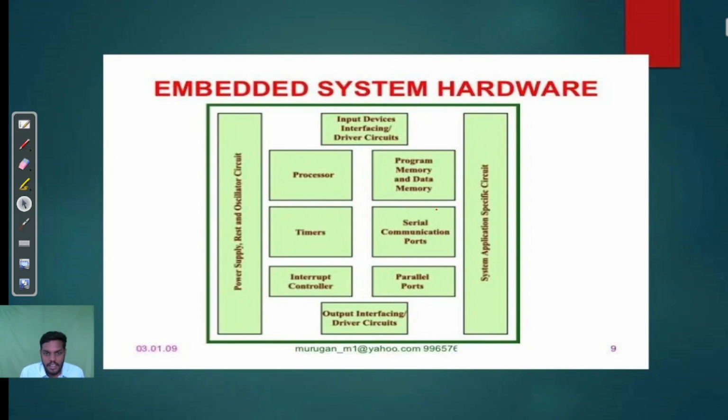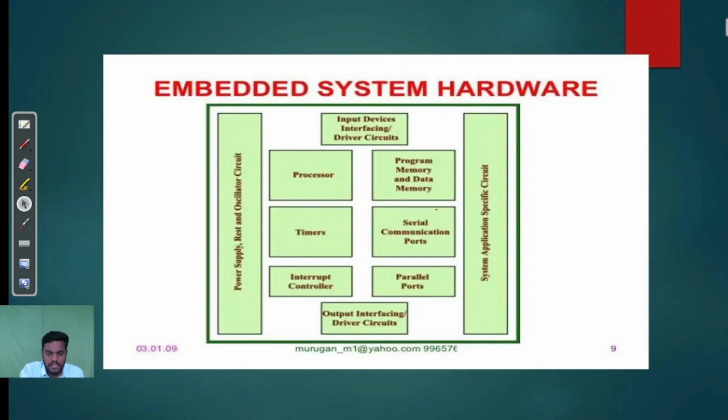It has input devices interfacing driver circuits, processor, timers, interrupt controller, and output interfacing driver circuits. It has a parallel port and serial communication. In serial communication we use Wi-Fi and basic protocols like I square C. These are the serial communication ports.